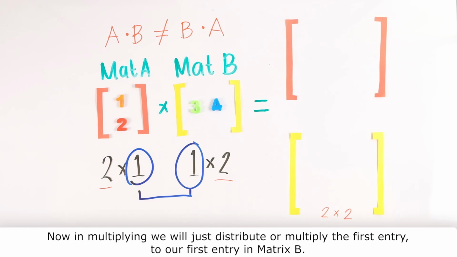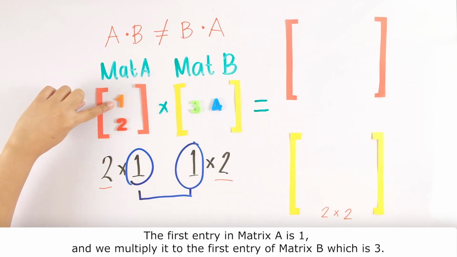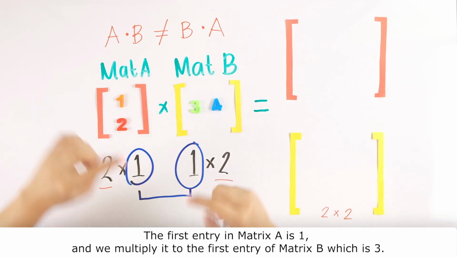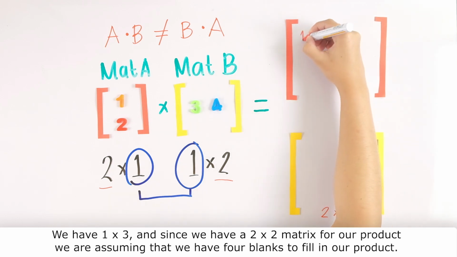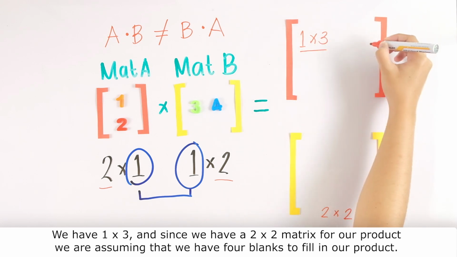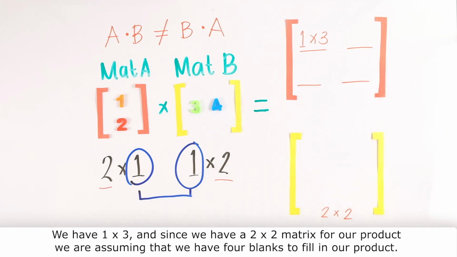Now, in multiplying, we will just distribute or multiply the first entry to the first entry in matrix B. So the first entry we have in matrix A is 1, and we multiply it to the first entry of matrix B, which is 3. So we have 1 times 3. And since we have a 2 by 2 matrix for our product, we are assuming that we have 4 blanks to fill in our product.